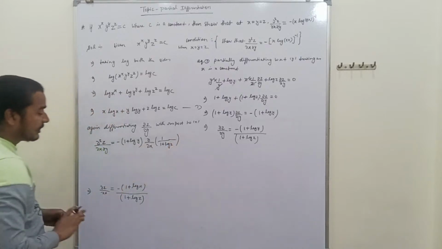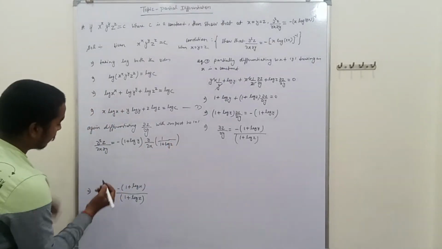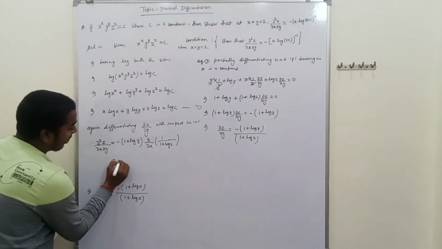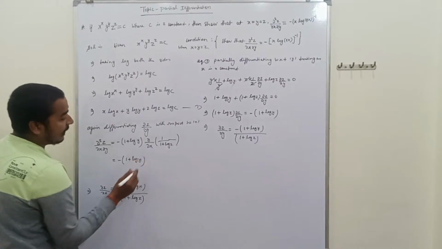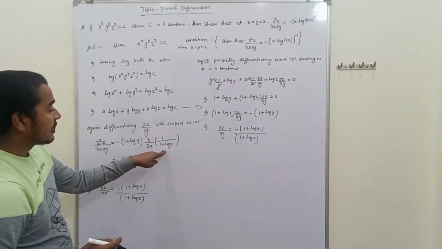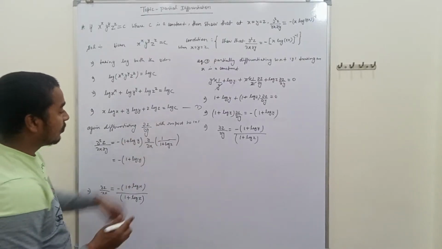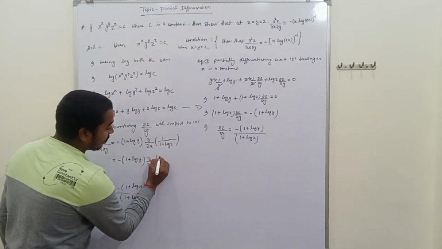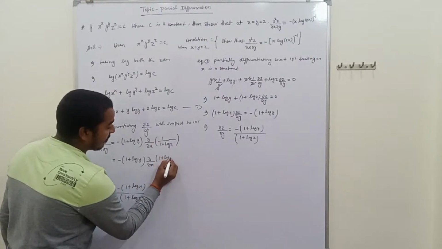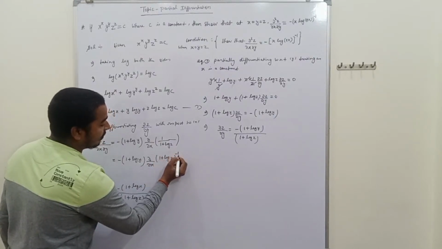Further we have to differentiate minus of 1 plus log y, and we take 1 plus log z into the numerator, that is del of del x of (1 plus log z) to the power minus 1.